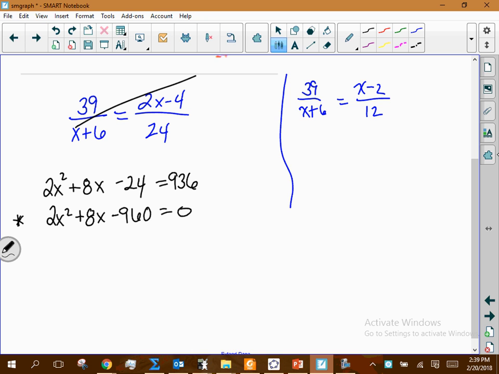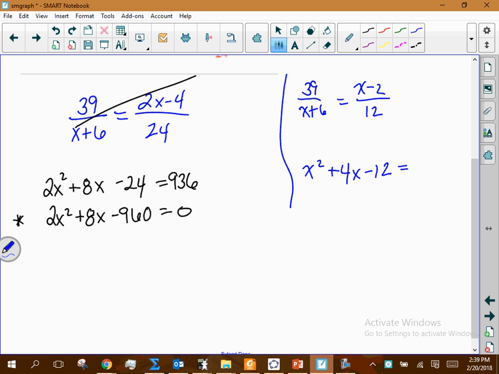Let's come over here and draw comparisons. Over here, if I cross multiply, what's x times x? X squared. X times negative 2 is negative 2x. 6 times x is 6x. So those combine to give me a positive 4x. 6 times negative 2 is negative 12.